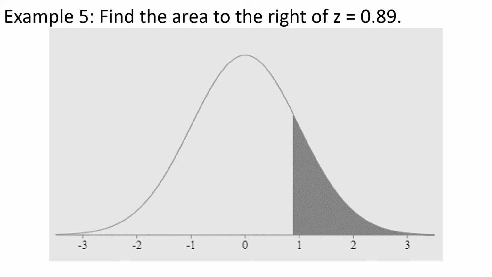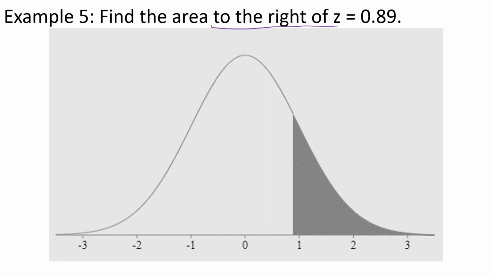But before we proceed, let me first catch your attention to this term: to the right of. That literally means the area or the portion to the right of the given number. So to the right of 0.89.